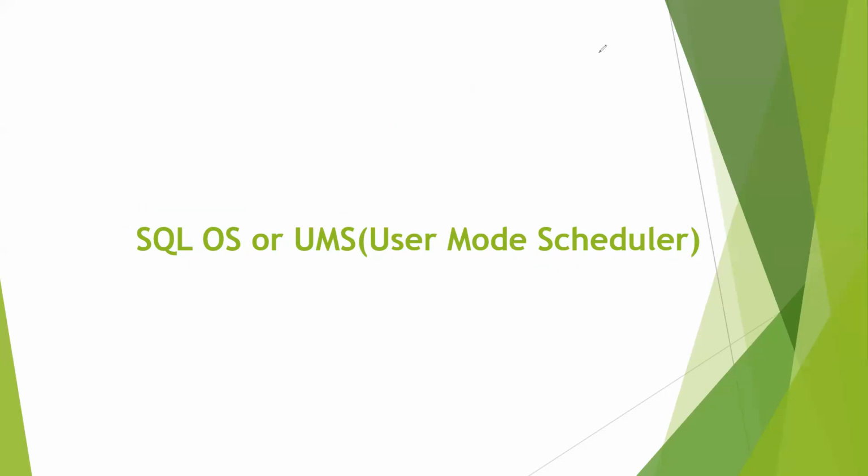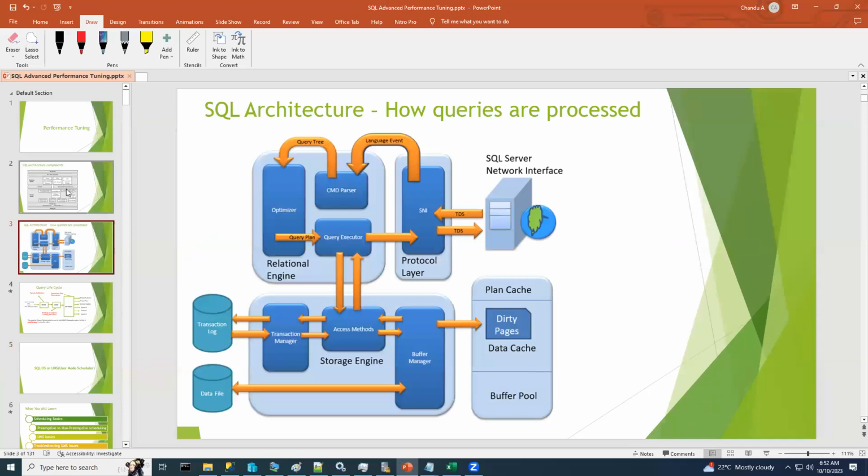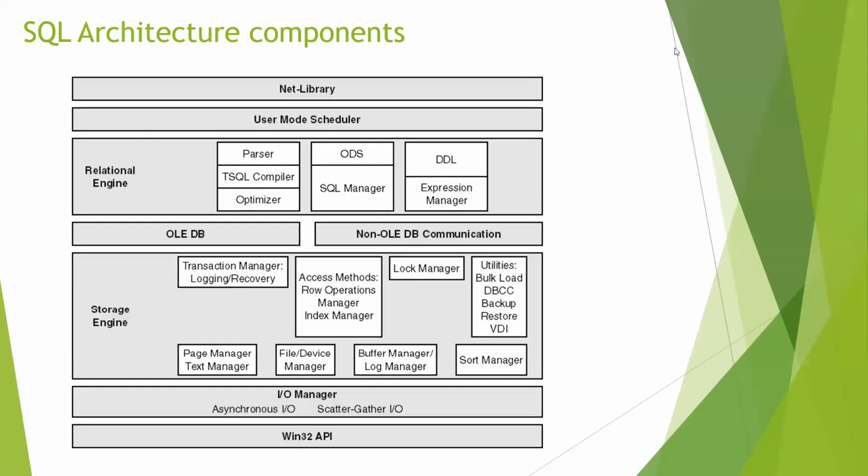If you recall the SQL architecture and remember the components that we have, this is where your user mode scheduler sits. This is the part we are going to talk about. Whatever we are processing here will be executing on the physical CPU. So how will SQL Server and the physical CPU be connected?